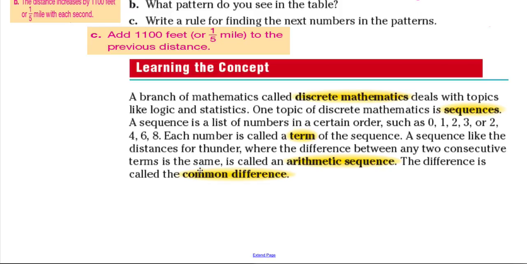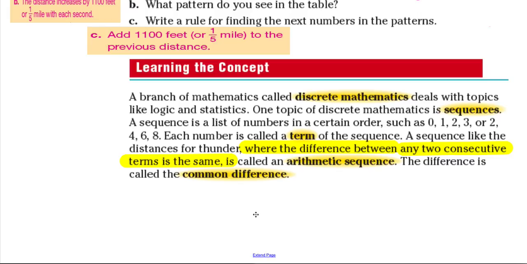A sequence, like the distances for thunder, where the difference between any 2 consecutive terms is the same, is called an arithmetic sequence. So it just defined for you what an arithmetic sequence is. The difference between any 2 consecutive terms is the same, and the difference is called the common difference.